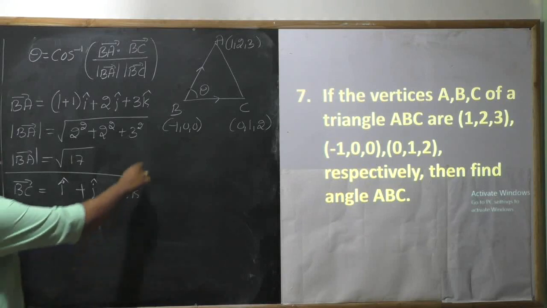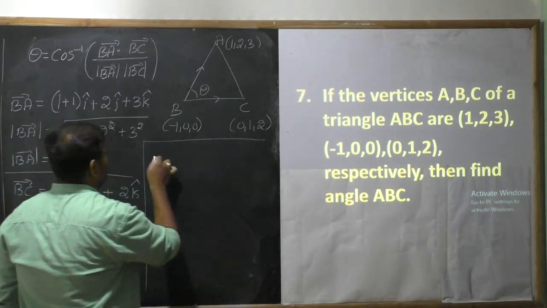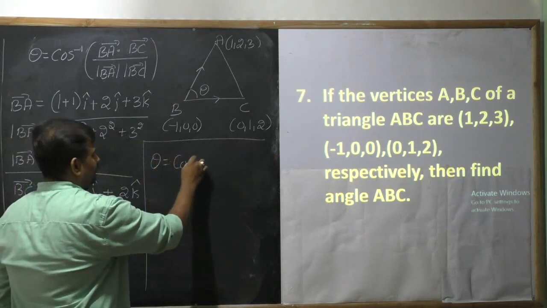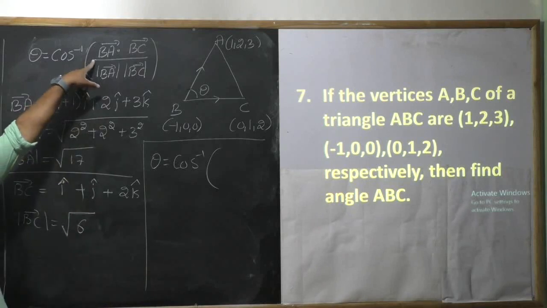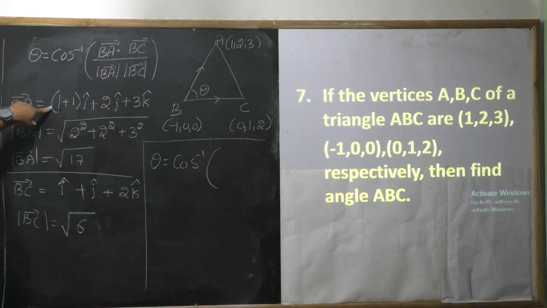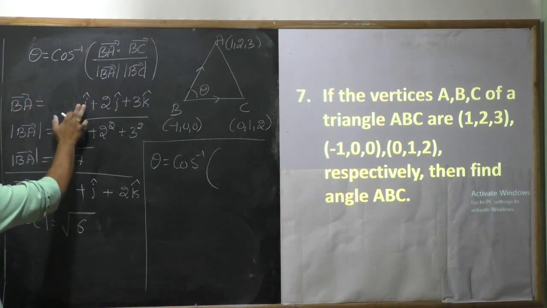So now let us apply all of these to the formula. What is your formula? That is theta is equal to cos inverse of BA dot BC, divided by the magnitudes. This is BA, this is BC. You can directly take this as 2.